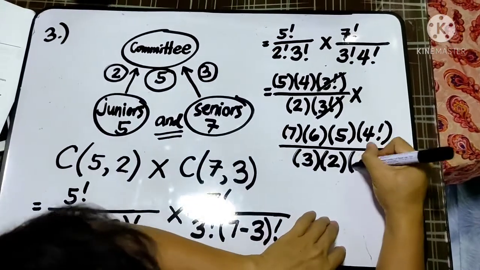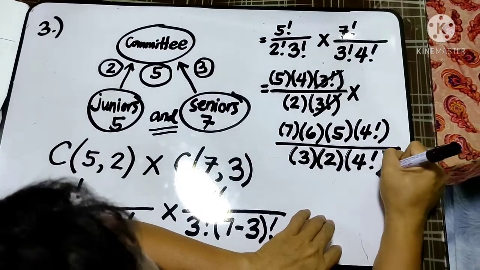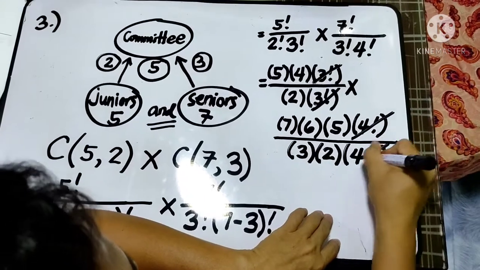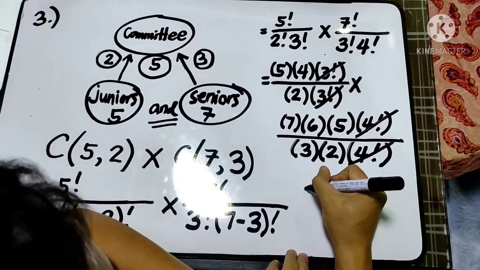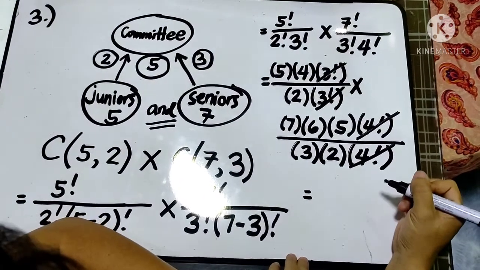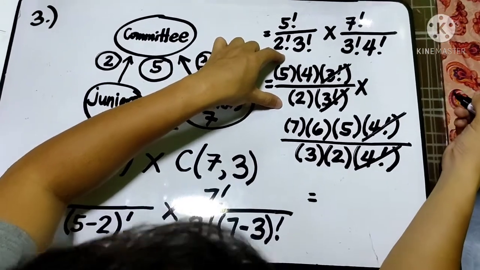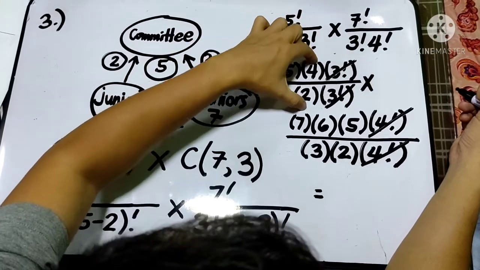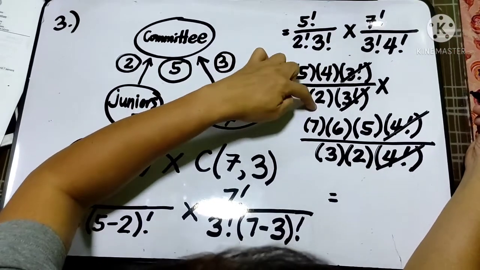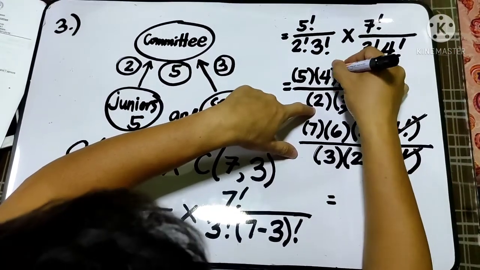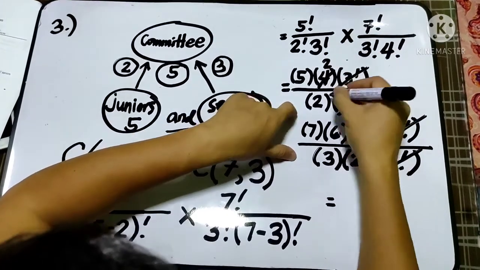Copy 4 factorial. Cancel. Equals, let's have this again. Meron pa bang ma-cancel dito? 4 at 2 pwede. 4 divided by 2, you have 2.